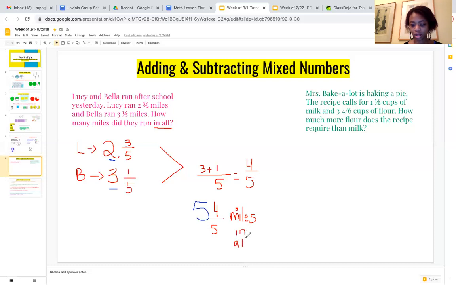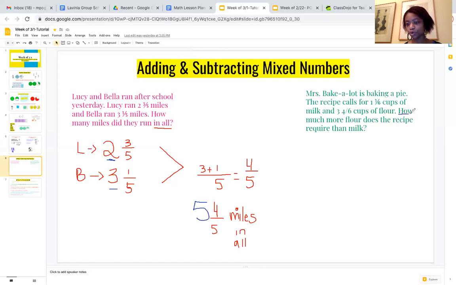Now let's look at a second problem. Mrs. Bake-A-Lot is baking a pie. The recipe calls for 1 1/6 cups of milk and 3 4/6 cups of flour. How much more flour?